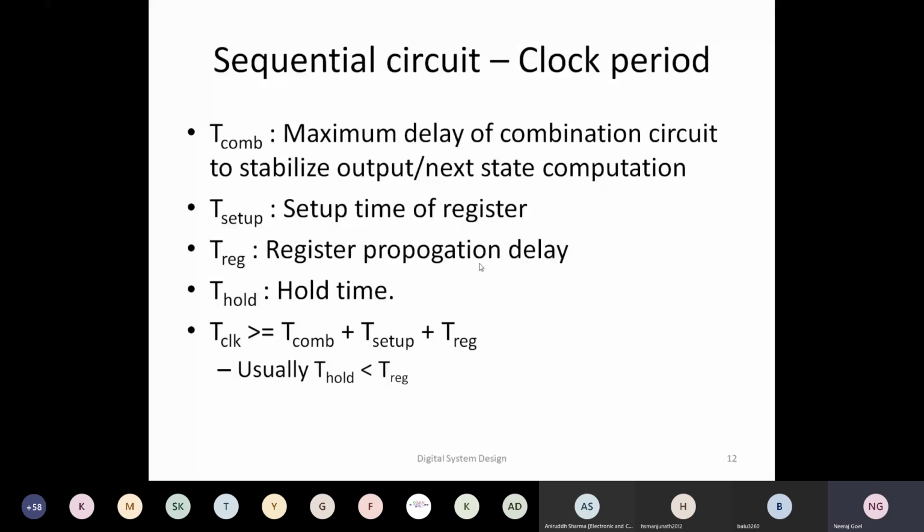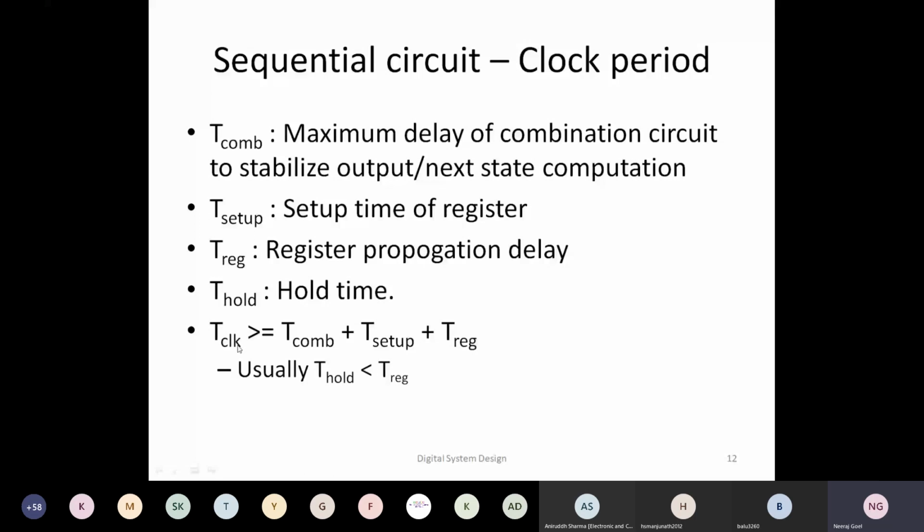If you analyze your JK or RS master-slave combinations, you will see that T hold comes out to be 0, but T setup is some definite time, and T reg, the register propagation delay, is also a definite time. In certain other implementations, there is a small T hold. So this is how I would determine my clock period.